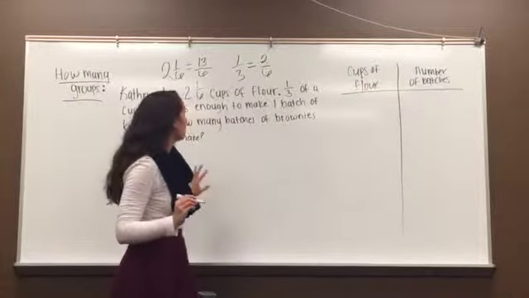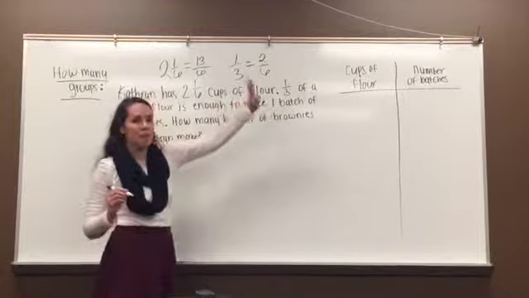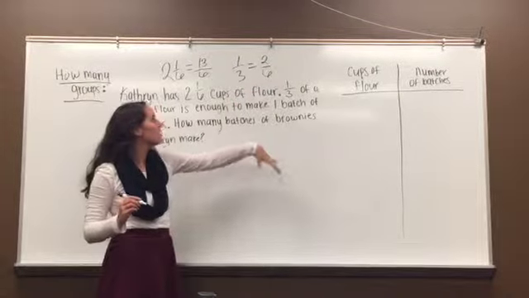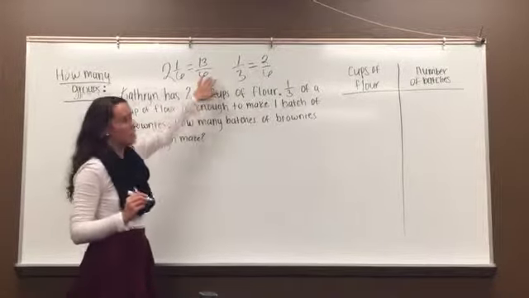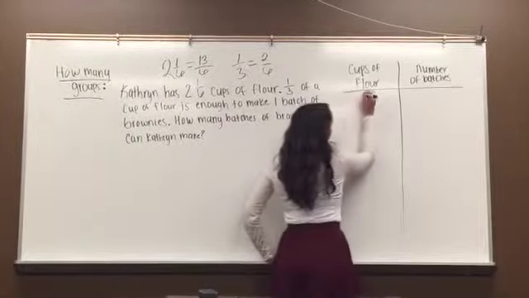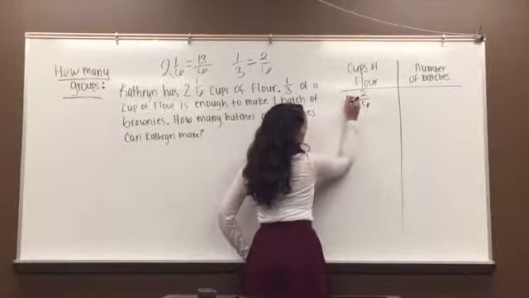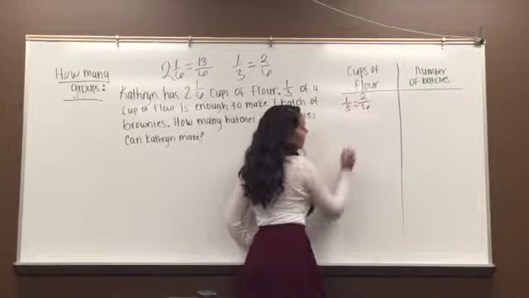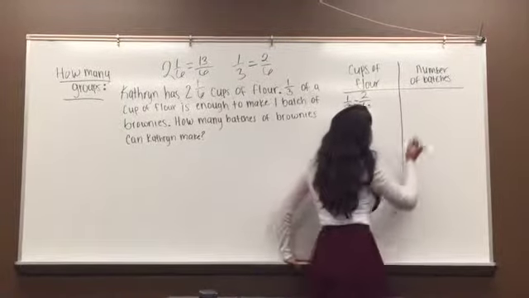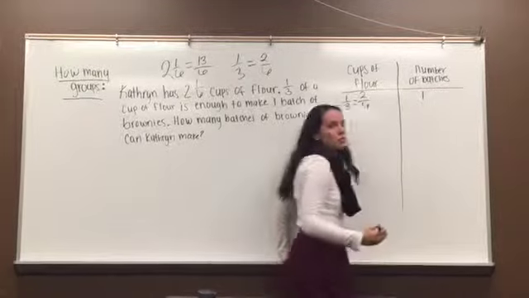So now we can count up how many batches until we get 13/6 cups of flour. So 2/6 cups of flour, which is the same as 1/3, is one batch of brownies.